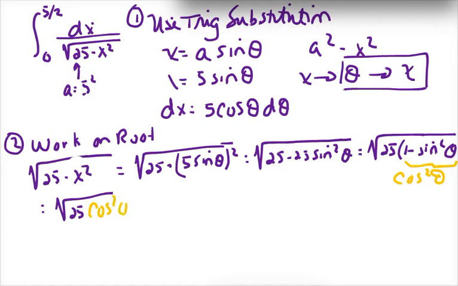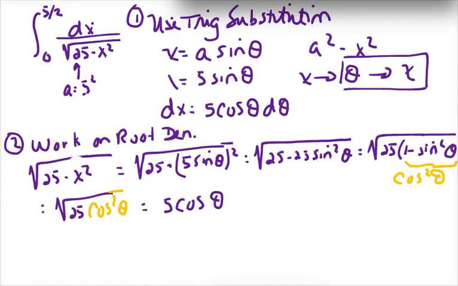So I'm going to put cosine squared theta in there, and when you take the root of that, it becomes 5 cosine theta. All I did here was work on the root in the denominator.